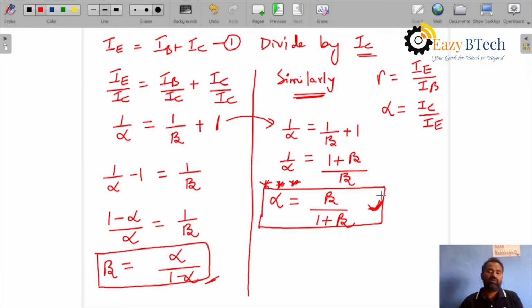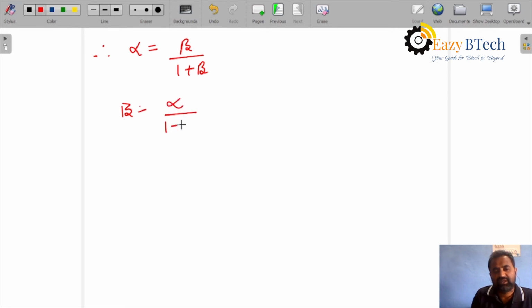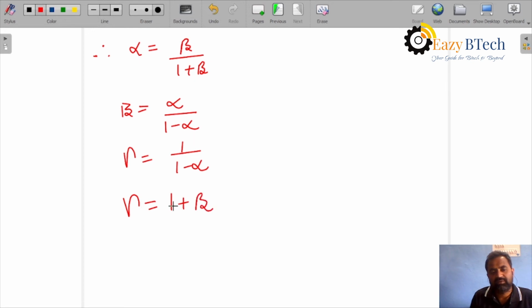Okay, this is the alpha, beta, gamma relationship. Therefore, alpha is equal to beta by 1 plus beta, beta is equal to alpha by 1 minus alpha, gamma is equal to 1 by 1 minus alpha, gamma is equal to 1 plus beta.